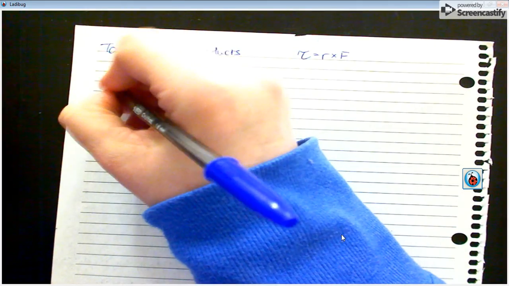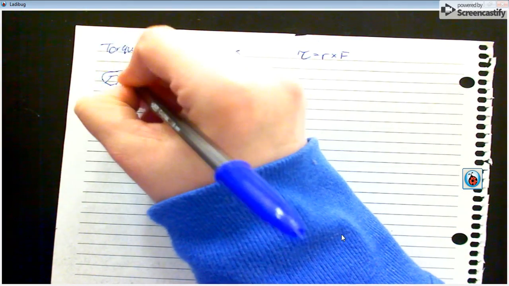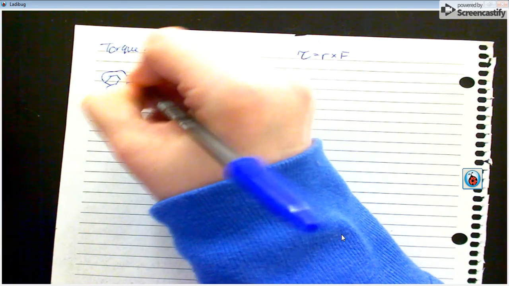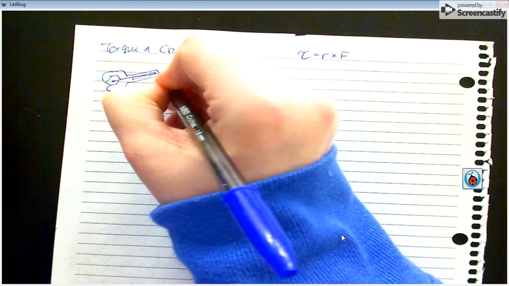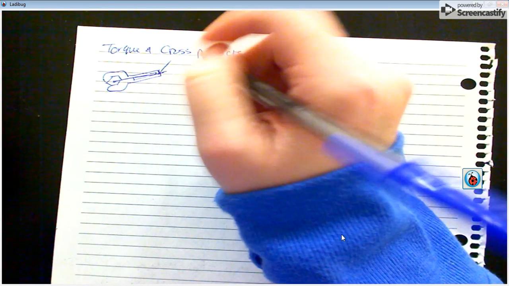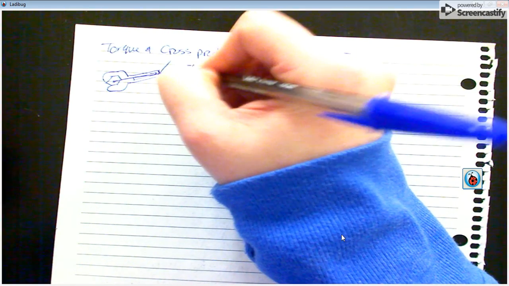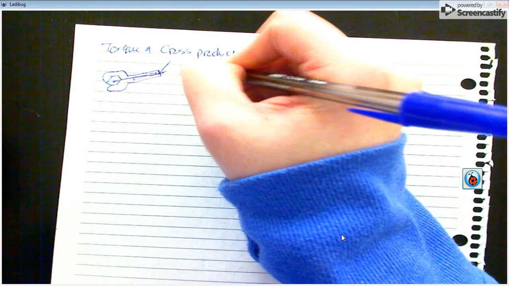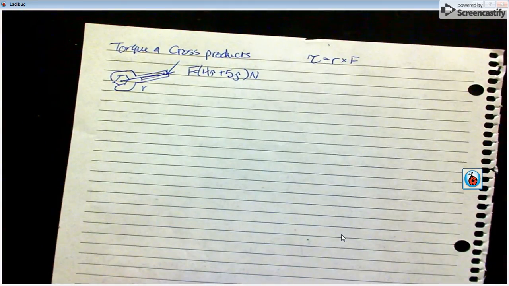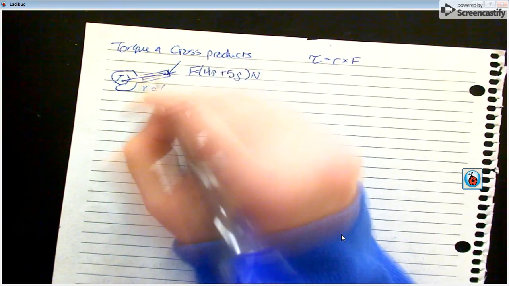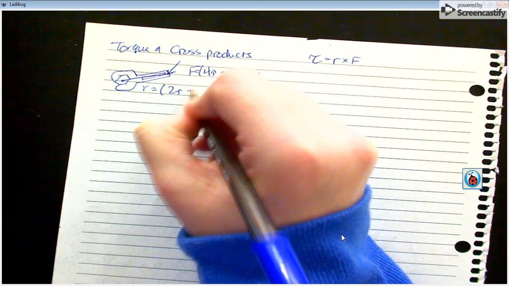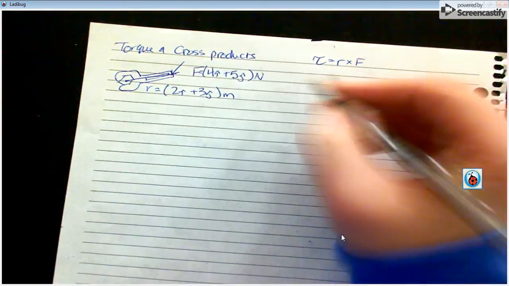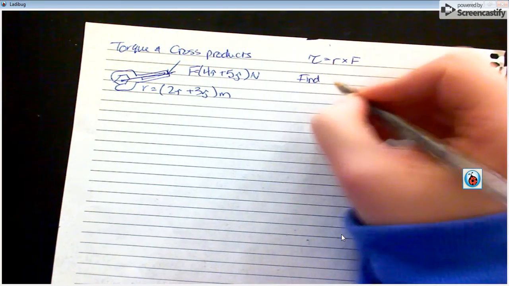If we have a scenario where we have this super cool wrench and a force is being applied, so we have a force of 4 I hat plus 5 J hat newtons. And the radius of that wrench, I'm going to give some super difficult numbers, 2 I hat plus 3 J hat meters.